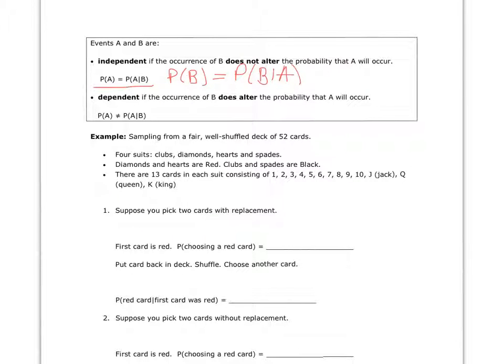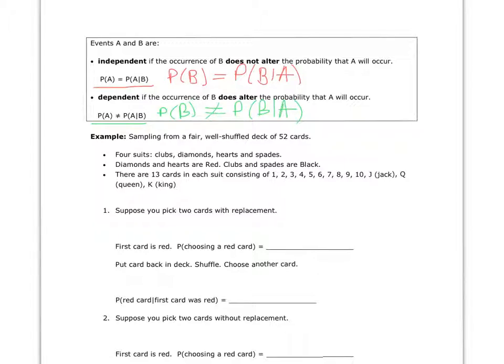On the flip side, dependent events are those where the occurrence of one does change the probability that the other will occur. So if we don't have this equality, then those events are dependent. We could also say the same thing going the other way. If the probability of B does not equal the probability of B given A, then A and B are dependent.